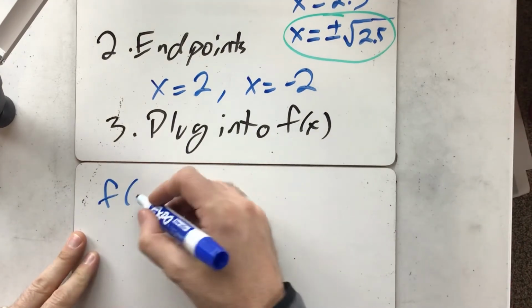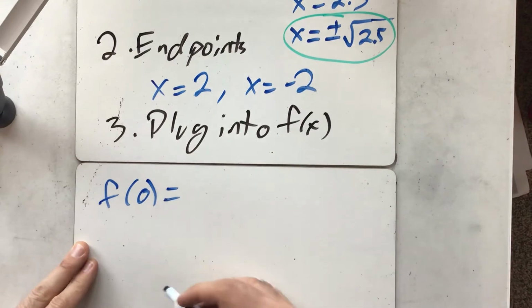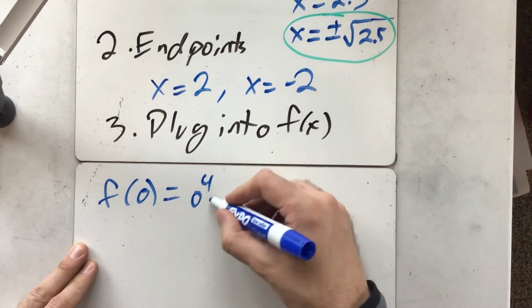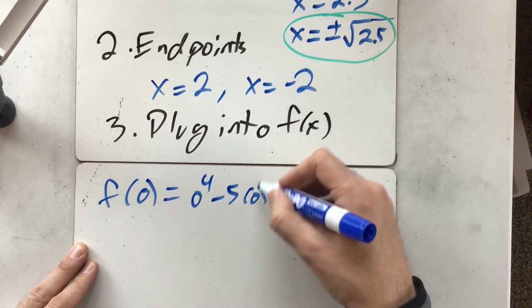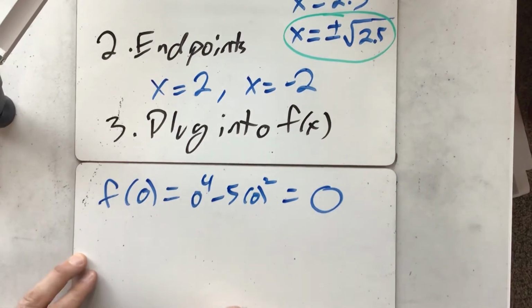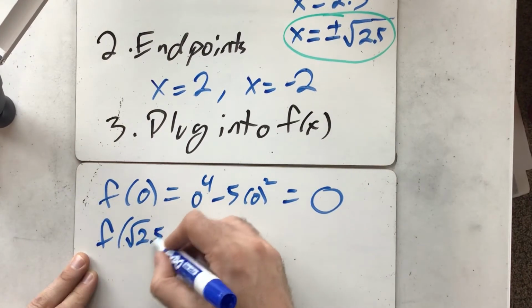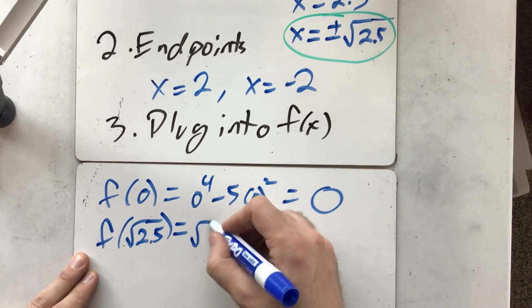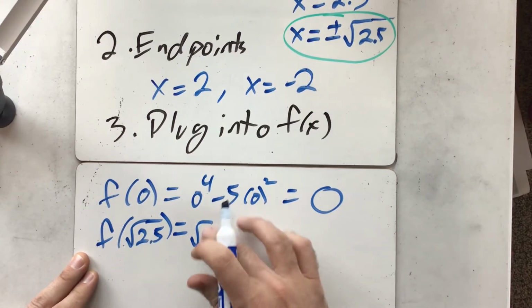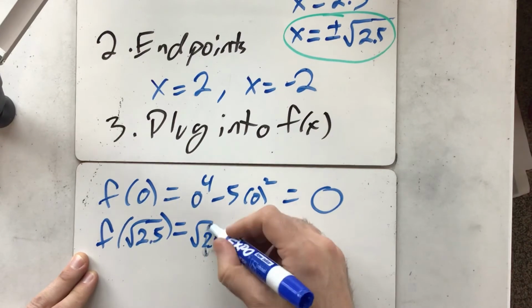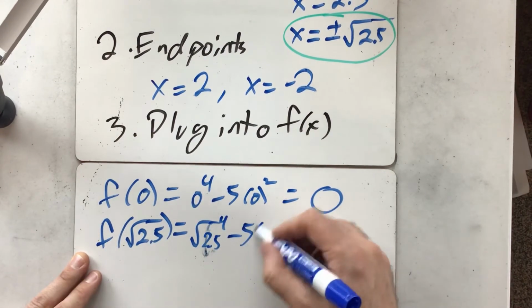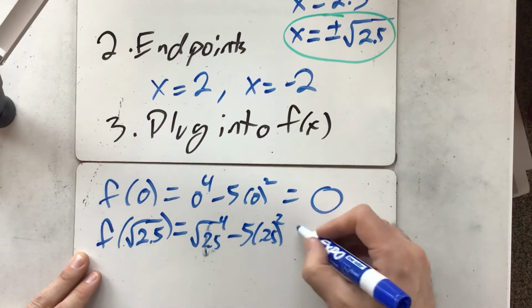And so we get f of 0, and that is 0 to the 4th minus 5 times 0 squared, and that is just 0. And then we've got f of the square root of 2.5, and that is the square root of 2.5 to the 4th minus 5 times 2.5 squared.